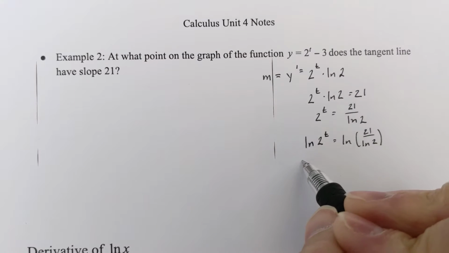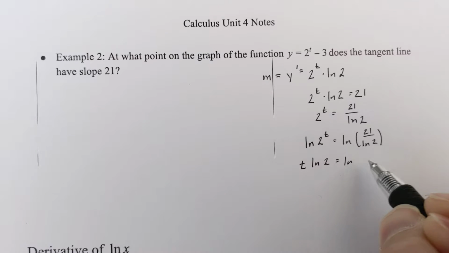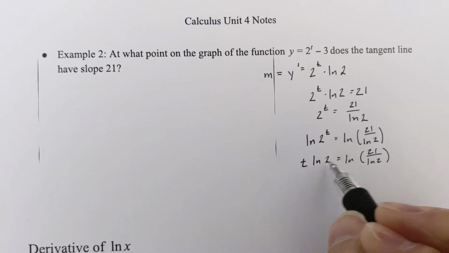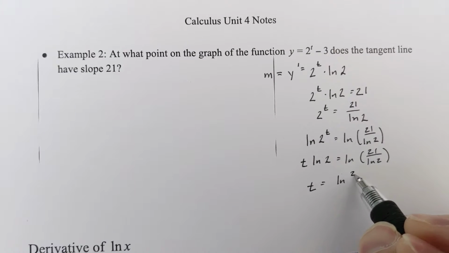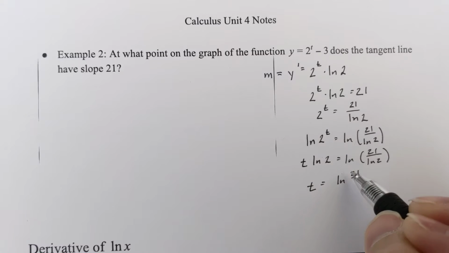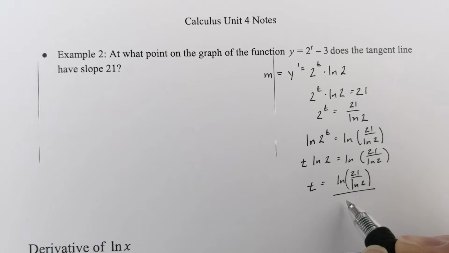Now when you do this, the exponent can be moved out front. So we have this, and then I can divide the ln 2 across. So I get the natural log of 21 over the natural log of 2 divided by the natural log of 2.